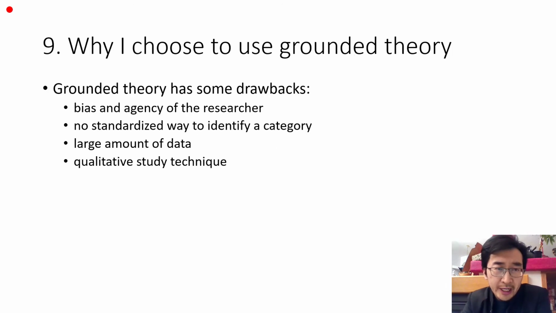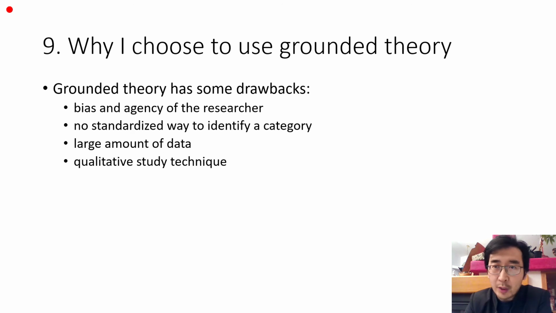Now, before I explain why I have chosen to use grounded theory for my proposed study, I'm going to go through some of the drawbacks first. It makes more sense this way. Anyways, grounded theory has been criticized because of its bias and the really strong agency of the researcher. That's almost built into the system.